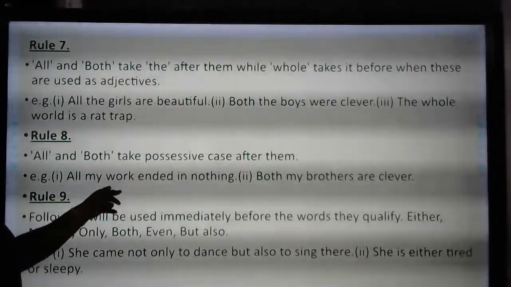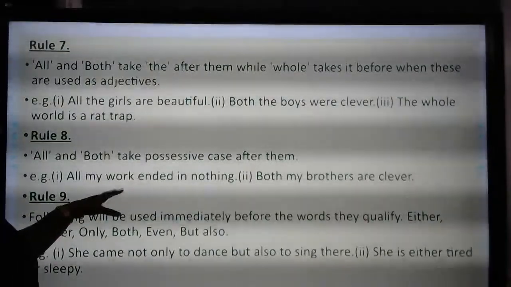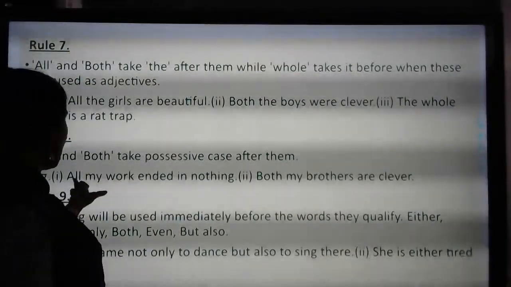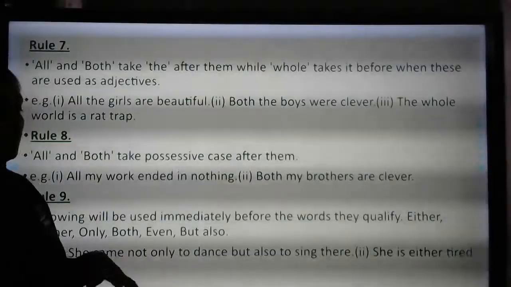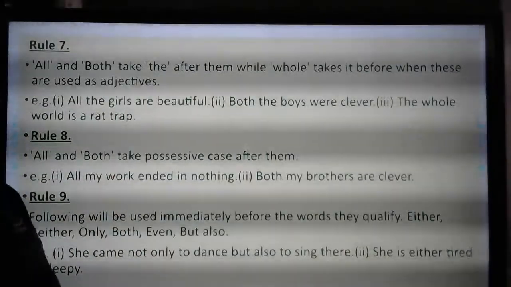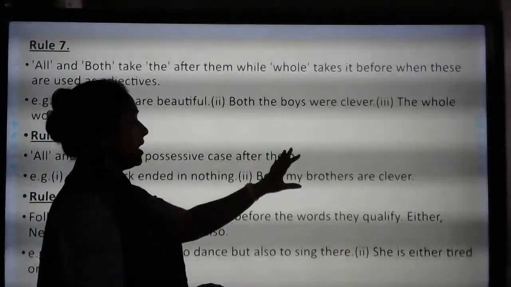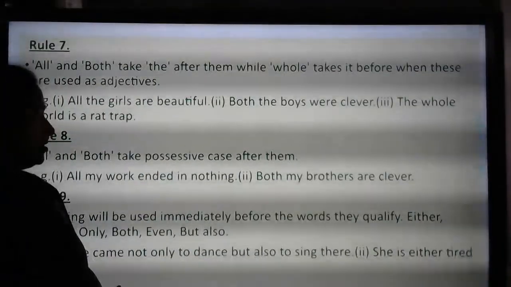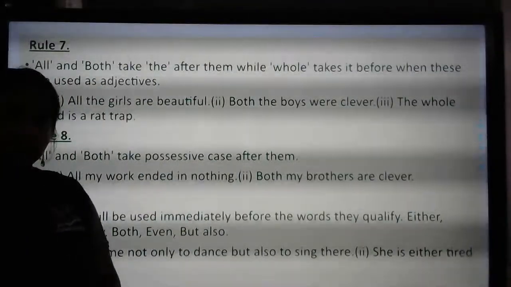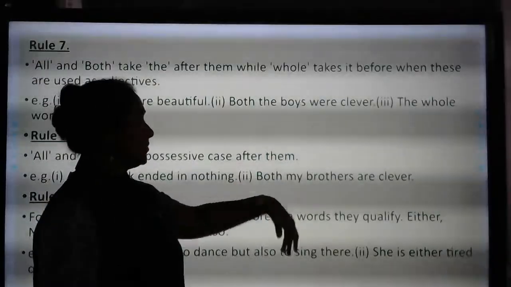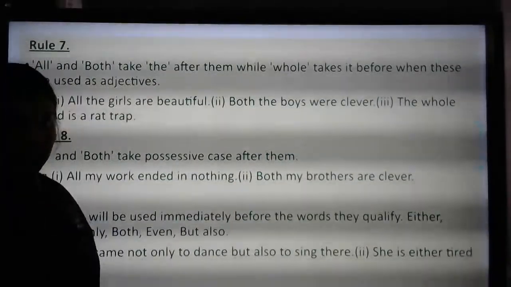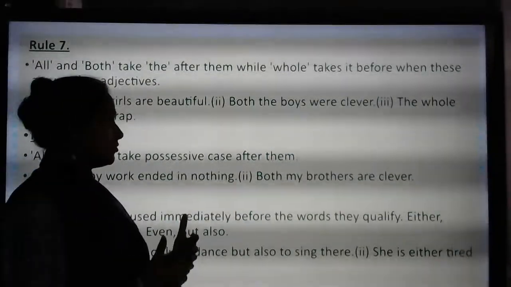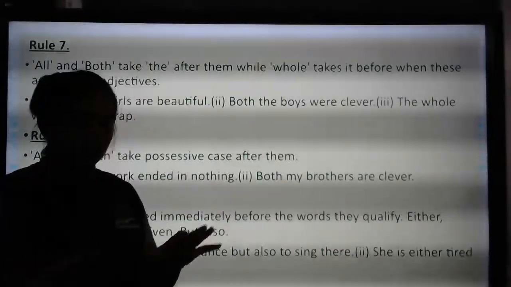Here all is mentioned, whatever work was done by that narrator. Then, both my brothers are clever. Instead of that, my both brothers are clever. More insistence was given on both.